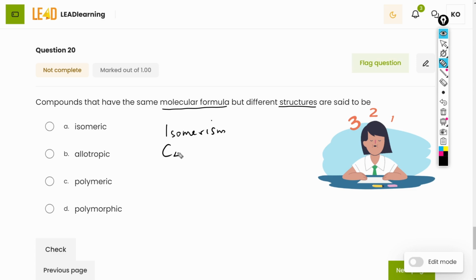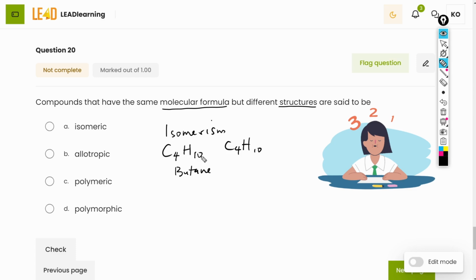For example, C4H10. This is butane. And we can as well have another compound with C4H10. However, the arrangement of the atoms, which is the structural formula, is not the same.